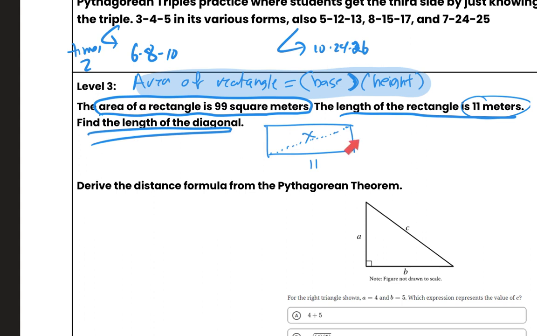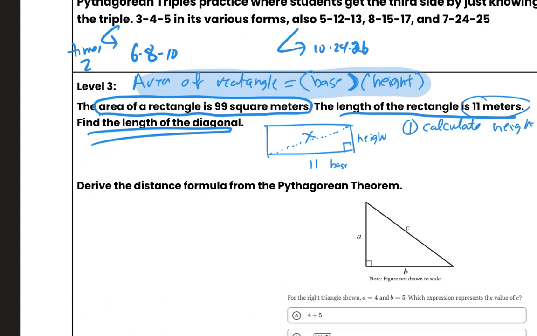In order to figure out the diagonal, we need to know this side. If this is the base, this is the height. We need to first figure out the height, and then since this is a right triangle, we can figure out how much the diagonal is. So the first step is to calculate the height.